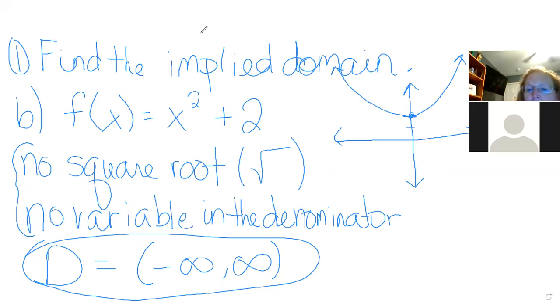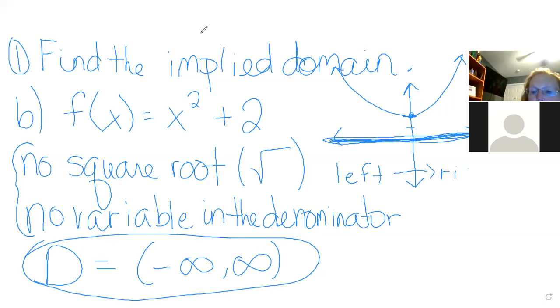When you're telling the domain off a graph, remember this right here, I'm going to kind of highlight it, run it with my finger. This is your x-axis. And your domain is always talking about your x-axis. So remember, on a domain, you always want to talk about the left first, and then you move to the right.